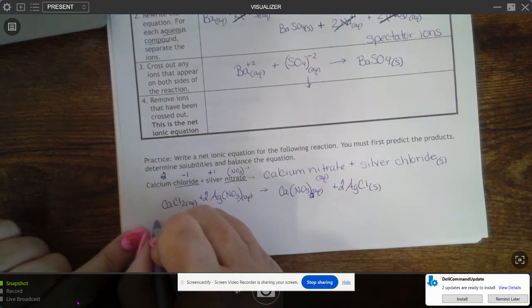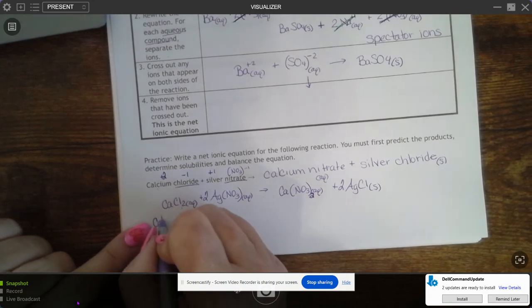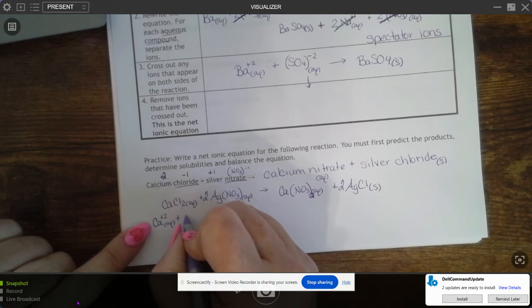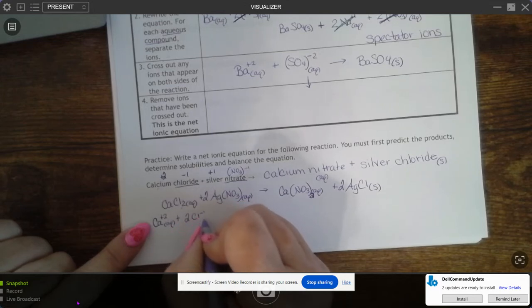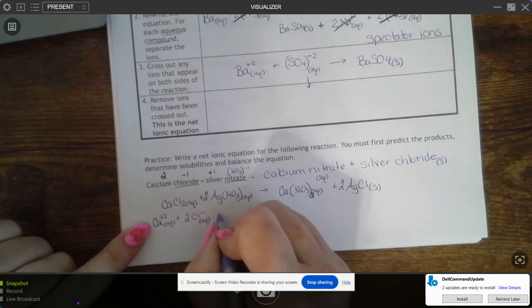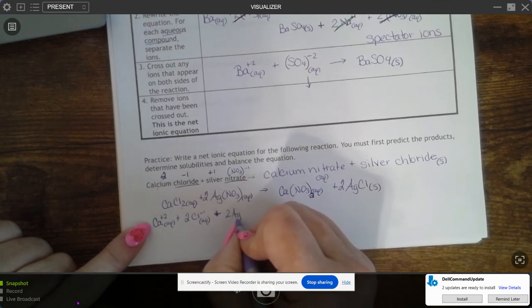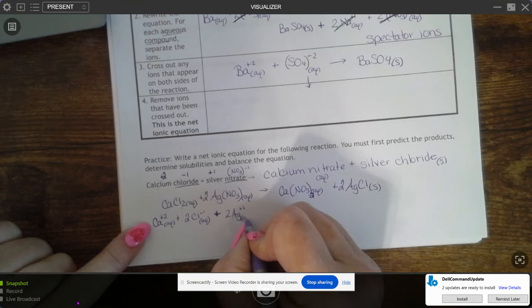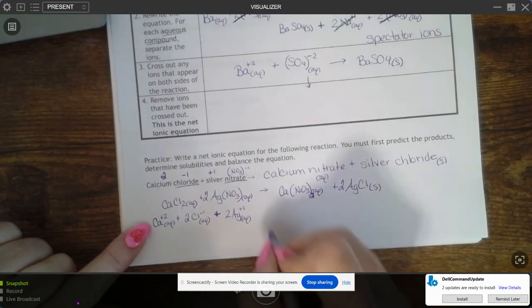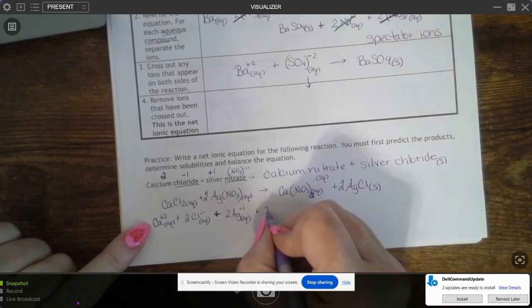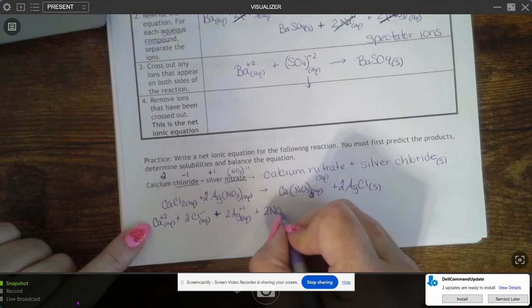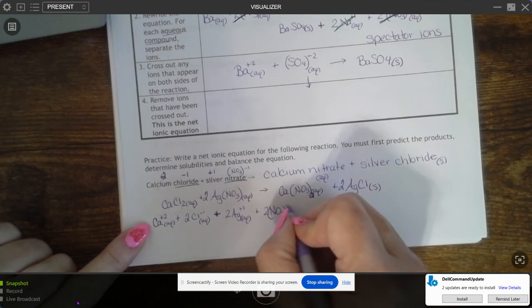So we have Ca +2 plus 2 Cl -1 plus 2 silver ions plus 2 nitrate ions.